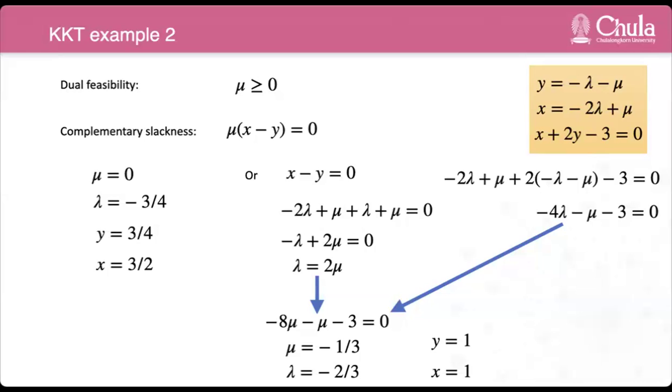And this one we derive from the equality constraint here. So with these two equations, we can solve for lambda and mu, and substitute back. We obtain y and x. In this case, y is 1 and x is 1.